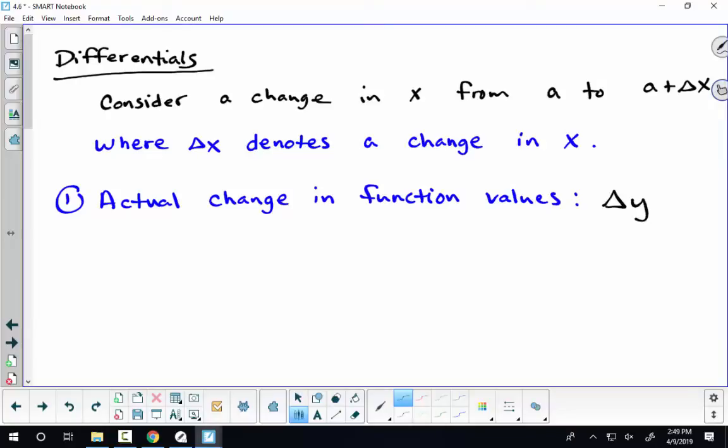Your textbook uses delta y to denote the exact or actual change in the function. Keeping in mind that x changes from a to a plus delta x, the actual change in the function is simply measured as f of a plus delta x minus f of a.